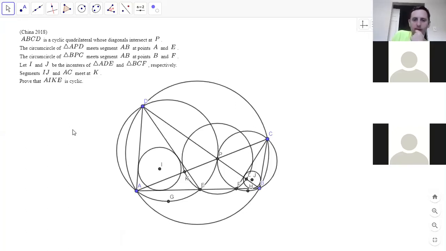I kind of like that idea. So showing I, K, and L are collinear. Yeah, it's not that easy.